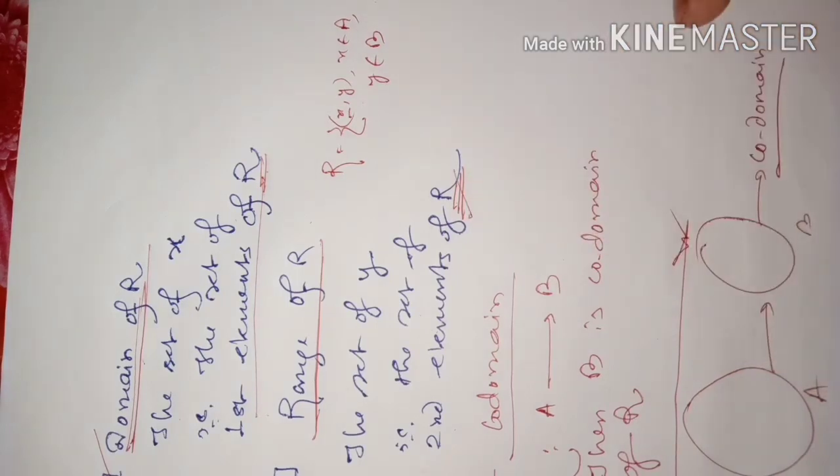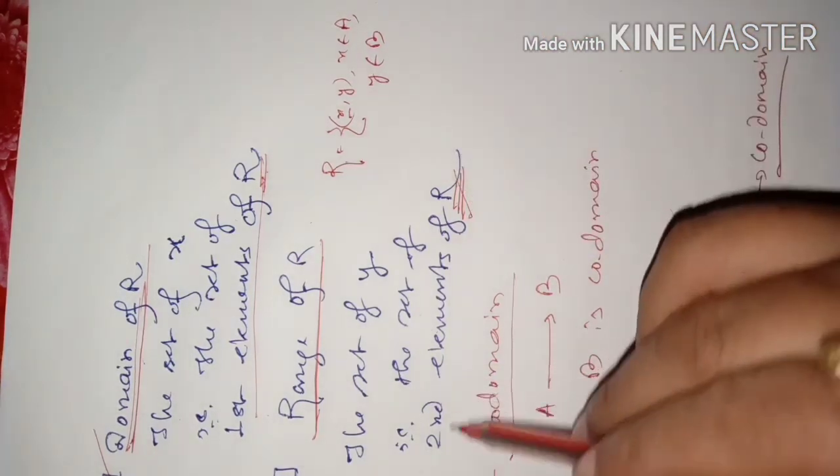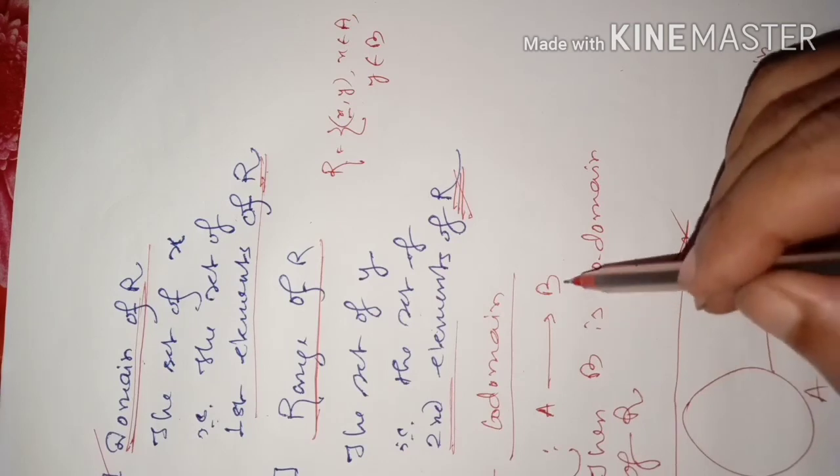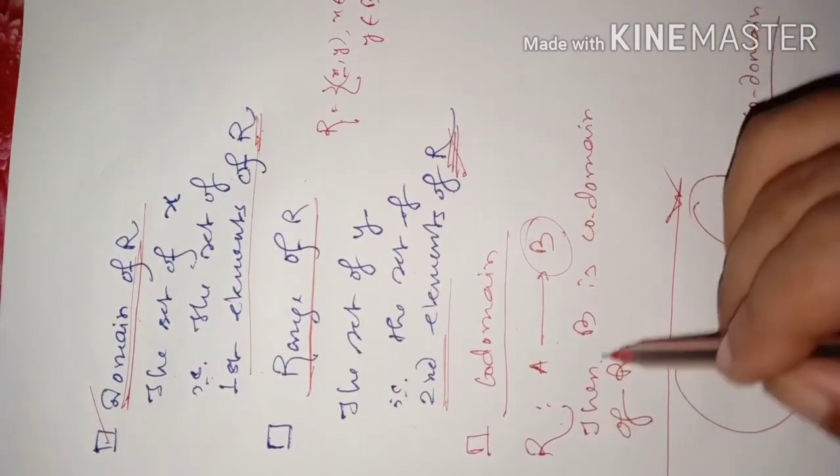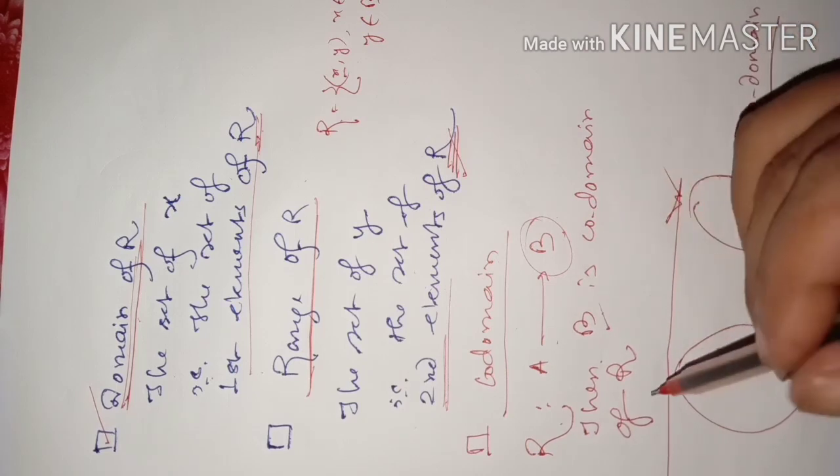The codomain is the whole set B, where R is a relation from A to B.